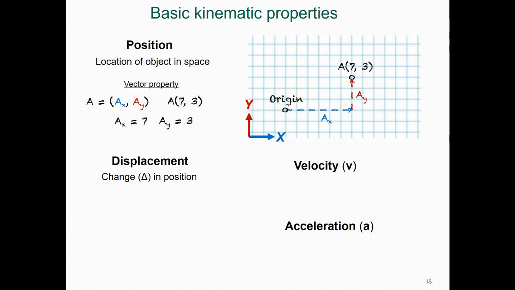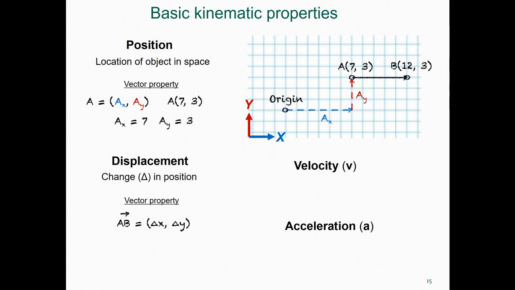Displacement is the change in position. We will often use the delta symbol, shown here, to stand for a change in a particular quantity. So here we see in our reference space a displacement from A to B. Displacement, like position, is a vector quantity, and often we can represent this vector property with the symbol AB with an arrow on top of it.